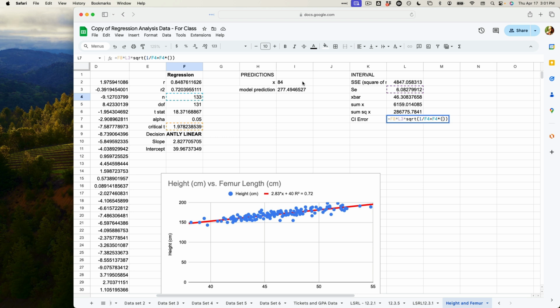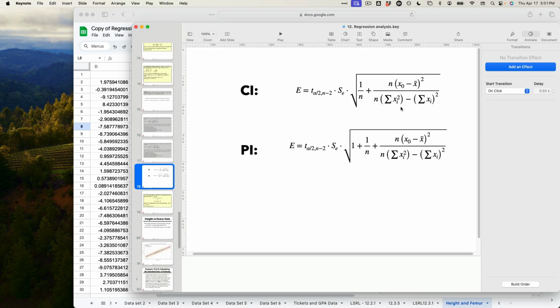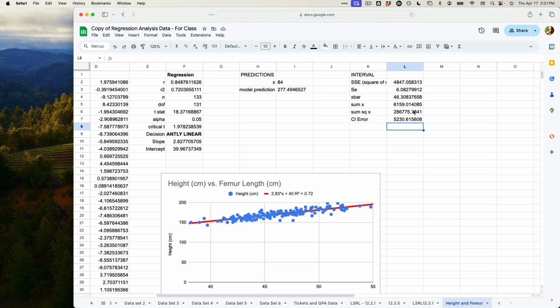I captured 1 over n, and this needs to be a fraction here. Oh, here there's a plus sign.